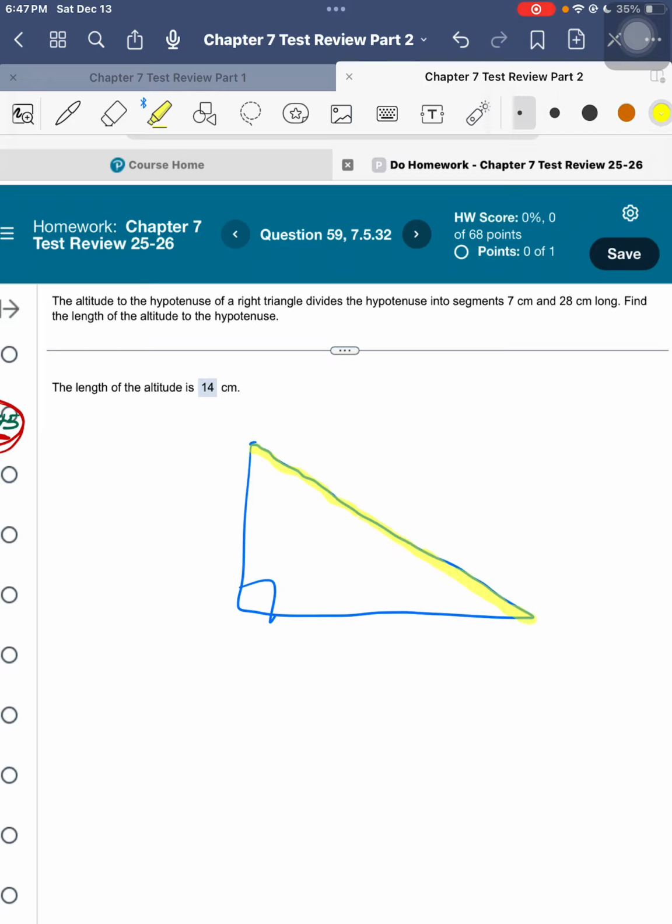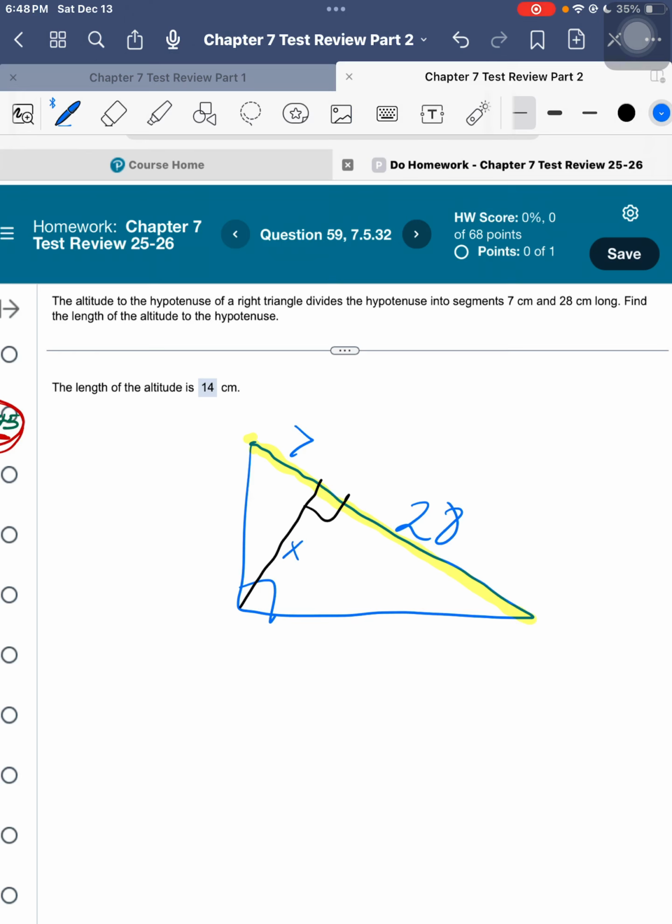This guy. So they're saying that there's an altitude that is dividing this hypotenuse into segments 7 and 28. Find the length of the altitude.